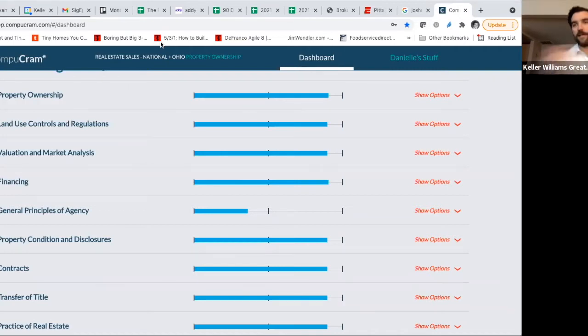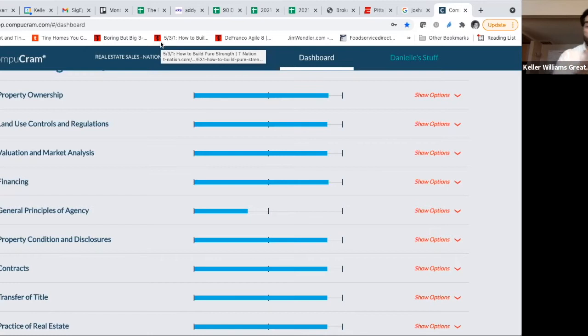How am I deciding which are the top three? One important thing to remember as you prepare for your real estate exam is that all sections are not created equal. Some sections, like contracts, have 14 questions that come from them. Property management and leasing will have 1 to 2 questions on your exam.